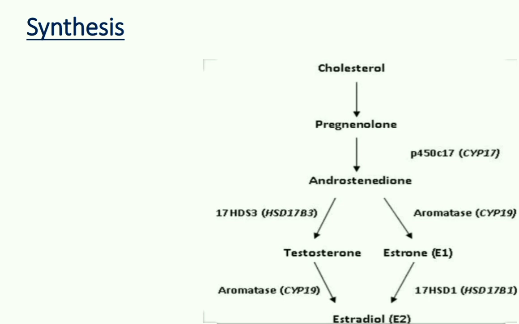So next we come to its metabolism. In plasma, it is transported mainly by albumin and a small quantity by globulin. It is degraded in the liver and excreted mainly in urine and a small quantity also in bile.